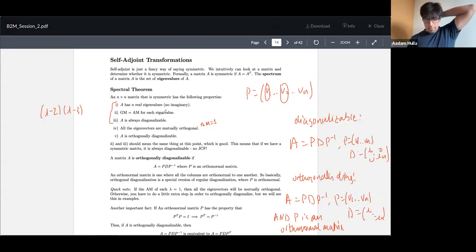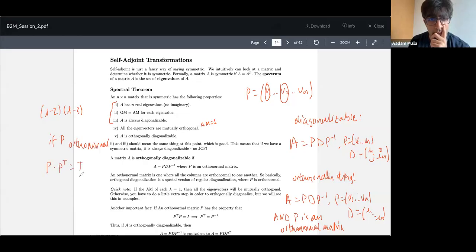Okay. An additional thing that's very important is this statement right here. If a matrix P is orthonormal, that means that P times its transpose equals the identity.